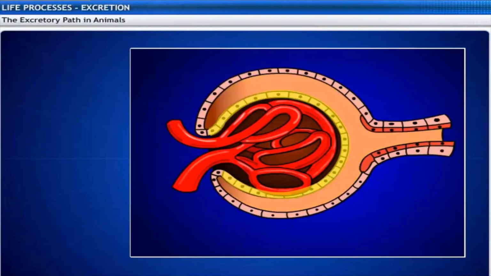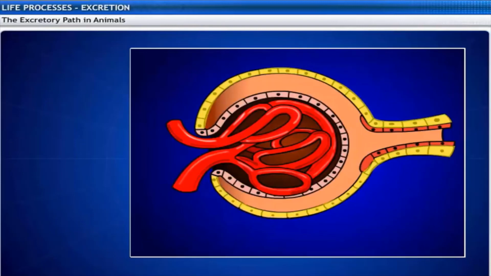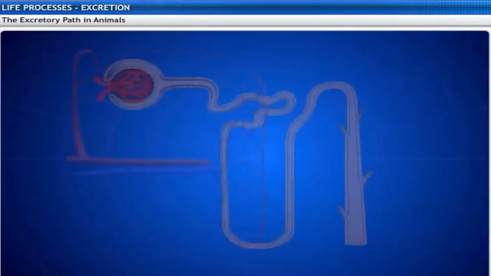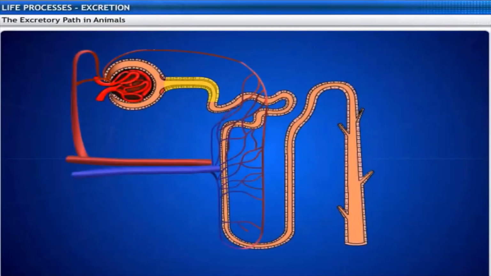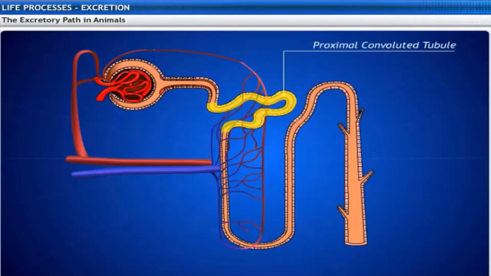The inner layer of Bowman's capsule covers the glomerulus, and the outer layer is continuous with the inner layer and with the wall of the renal tubule. The renal tubule leads away from the Bowman's capsule and becomes highly coiled to form the proximal convoluted tubule.